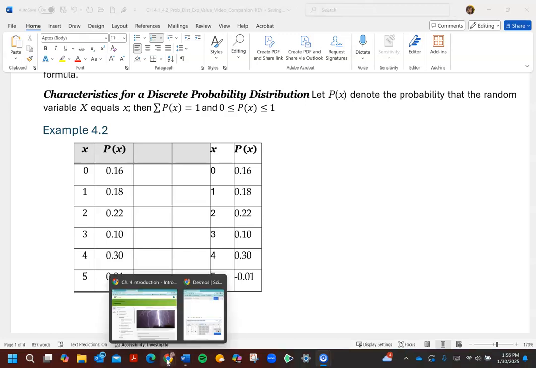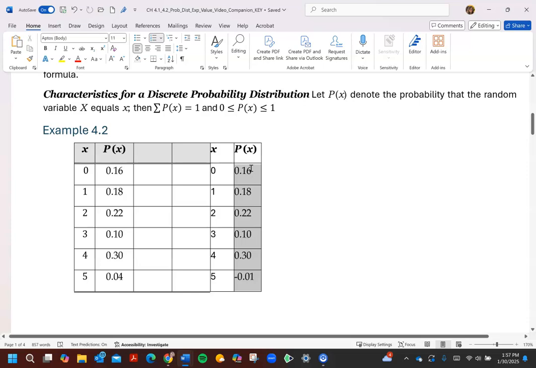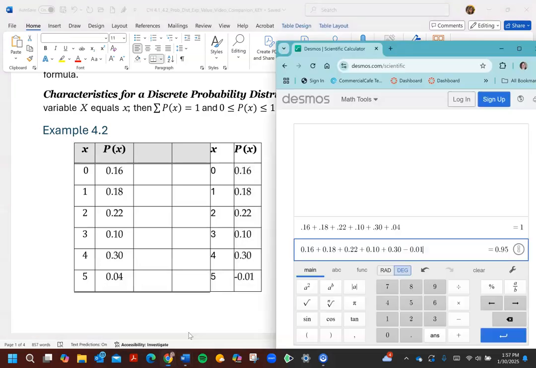Okay, so I've just pulled up Desmos, so hopefully you've looked at that and calculated it out. I took just the probabilities, not including any of the x's, the probabilities of that number of occurrences happening. I put those in Desmos and they sum to 1. So that is a probability distribution, because I also checked to see if I have anything less than 0 or greater than 1, and I don't, so I'm good there. In the next line, I looked at this column here, put it into Desmos and checked that out.